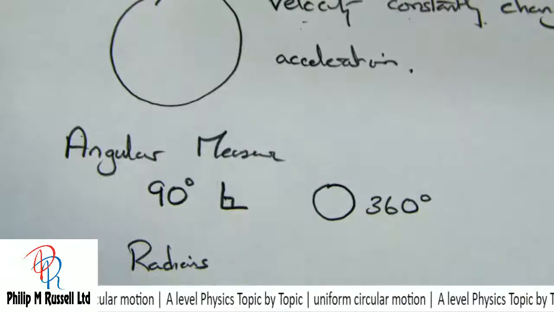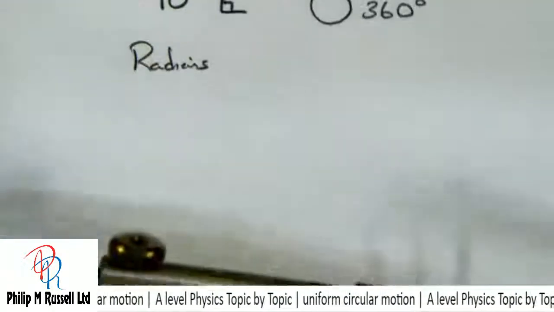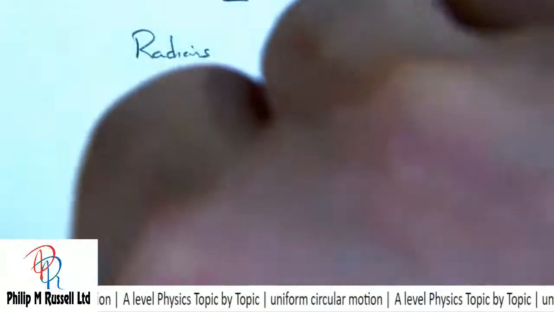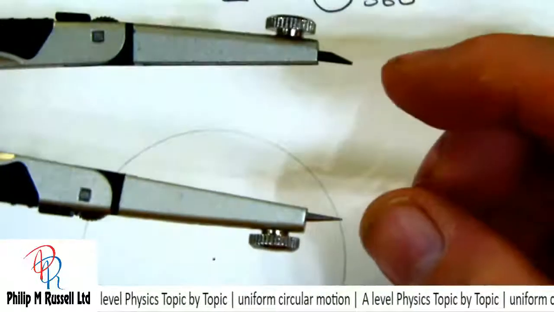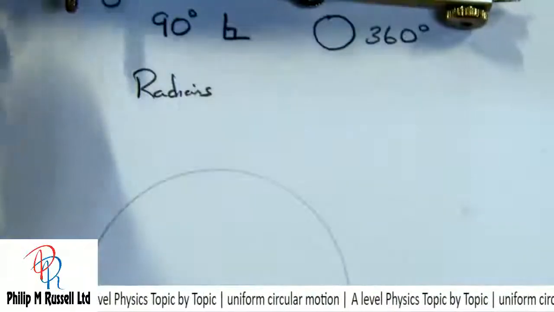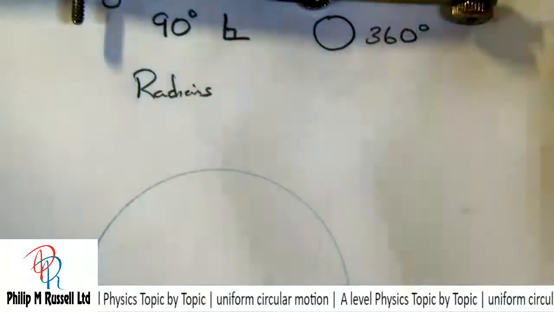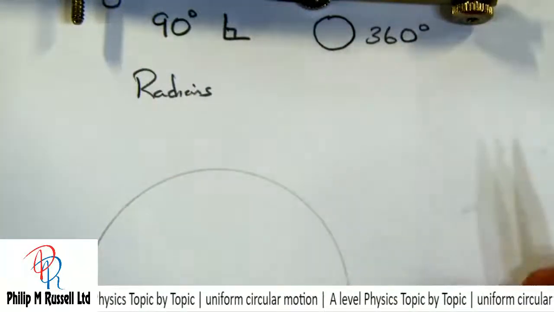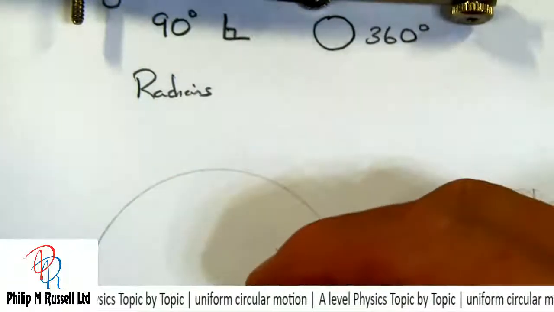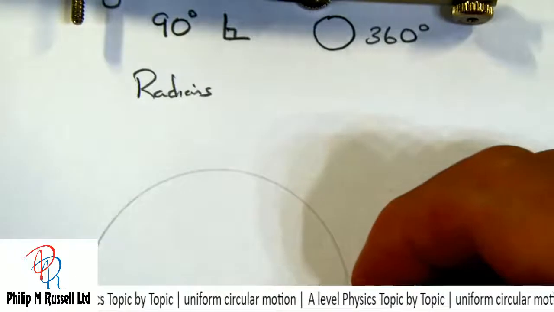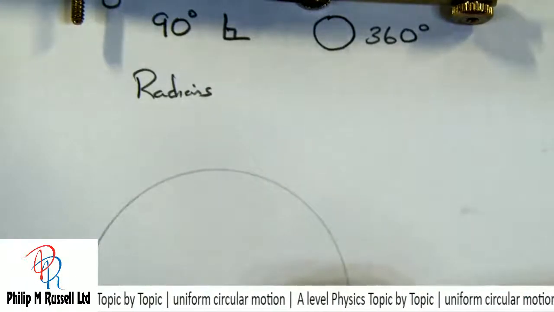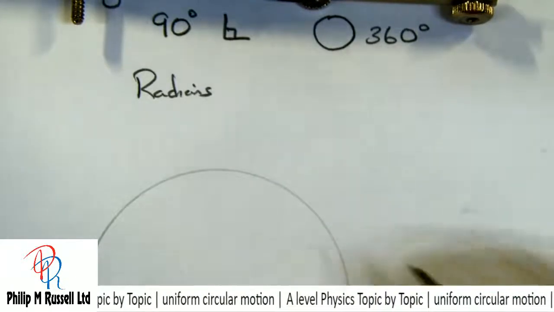So let's take my simple circle and draw in around here a simple circle, and this distance here is in fact the radius. And what we can do is draw in from the center of the circle the radius. So here we are with my radius.